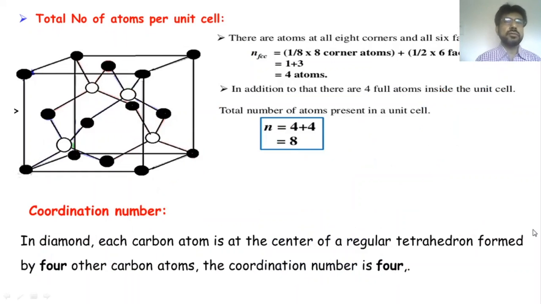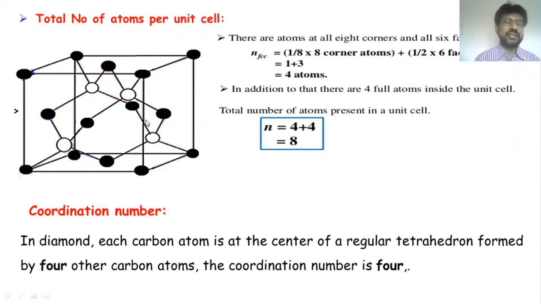Now we are going to see the total number of atoms present in the unit cell. We know that there are 8 atoms present at the 8 corners of the unit cell, and its contribution is only 1/8 for each corner atom, and the 6 atoms are at the center of the 6 faces of the unit cell.